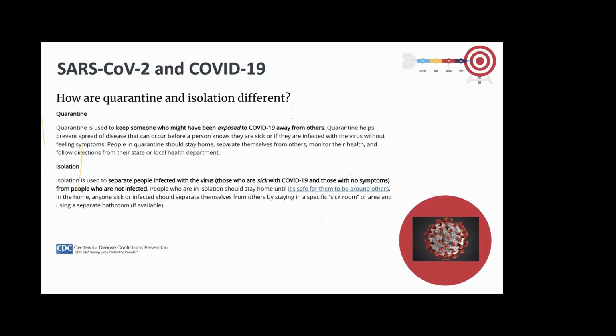So these are healthy people who might be in contact with a COVID-19 patient and might develop symptoms. And quarantine for COVID-19 is usually for 14 days because this is the incubation period. Whereas isolation is for patients who are confirmed to have COVID-19 so that they do not infect others.